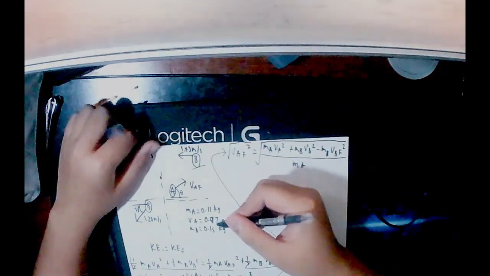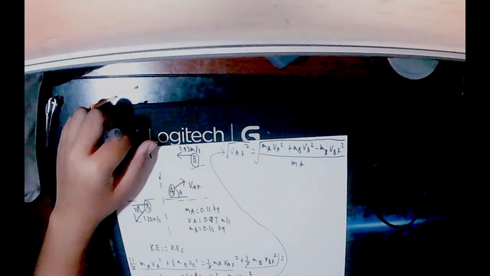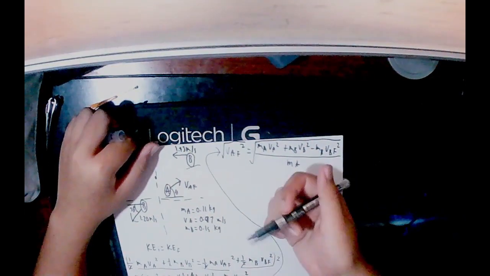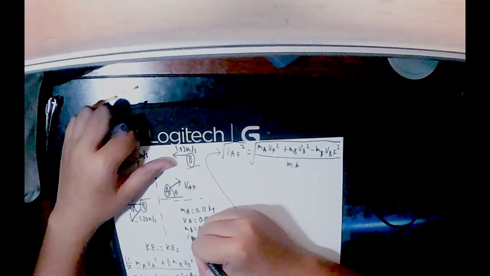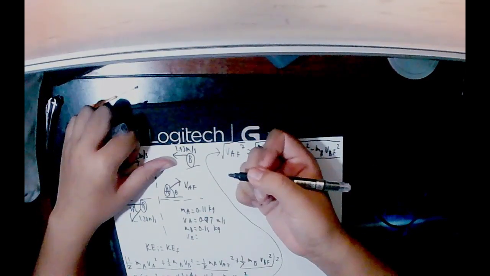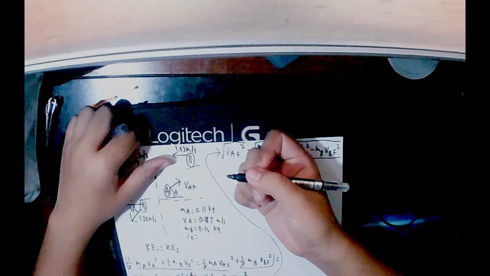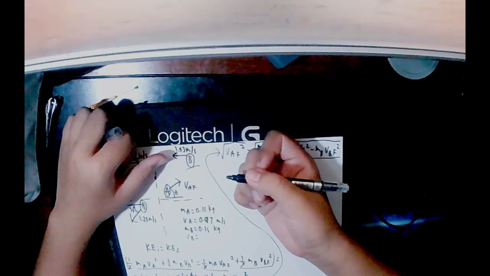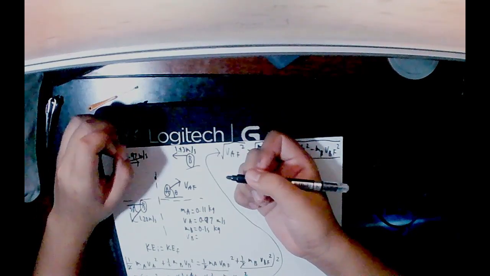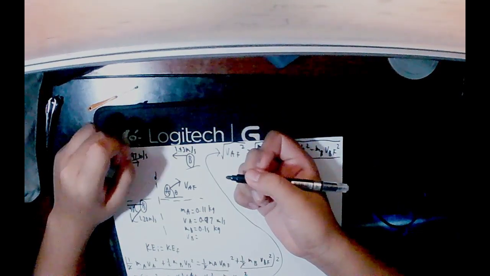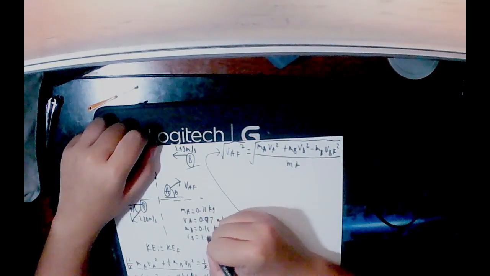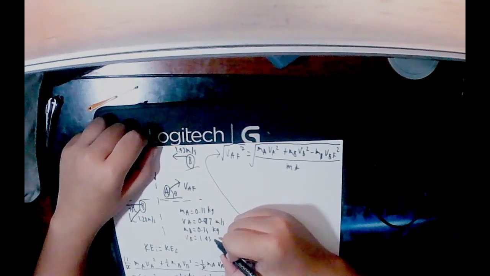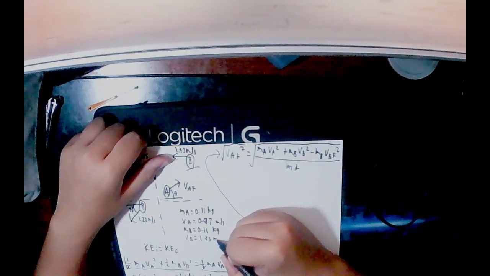Yung mass ng fruit, letter B. Tapos, ang kanyang velocity is 1.43 meters per second.